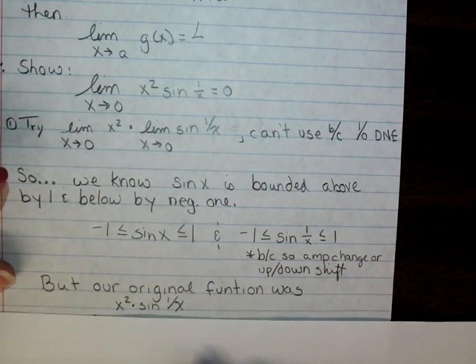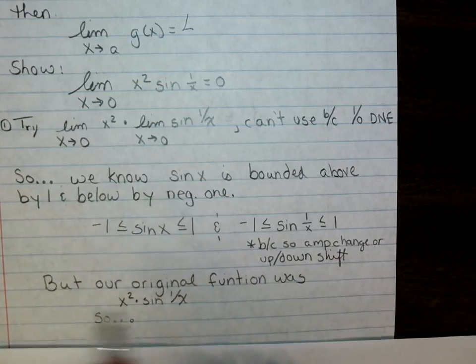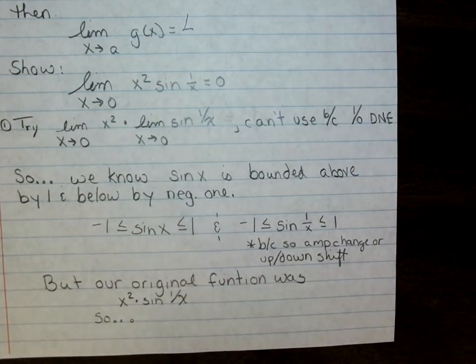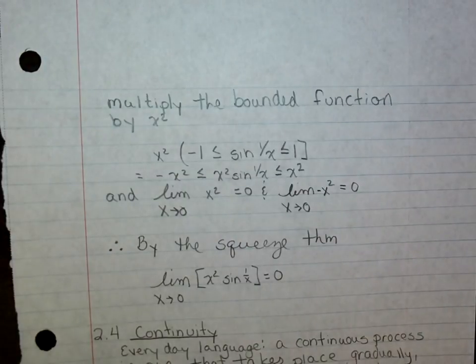All right, but our original function had this x squared in it. So let's go ahead and multiply x squared into the bounded function.